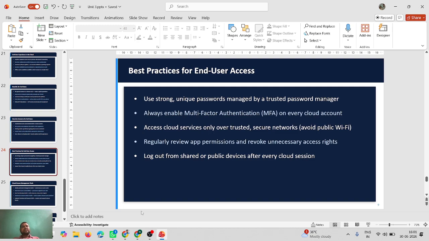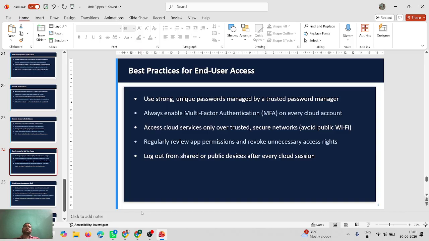And what are the best practices to ensure the security of computer systems? You have to use strong passwords and a trusted password manager. You should not share passwords, multi-factor authentication codes, or OTPs with any other person, right? So always enable multi-factor authentication while accessing cloud services. You should always share your data with only trusted service providers.